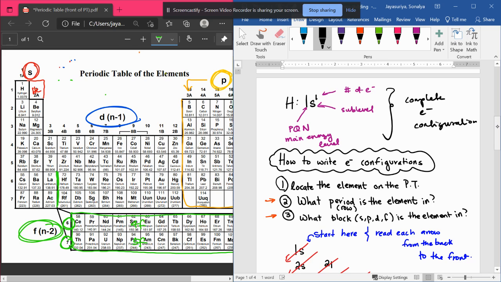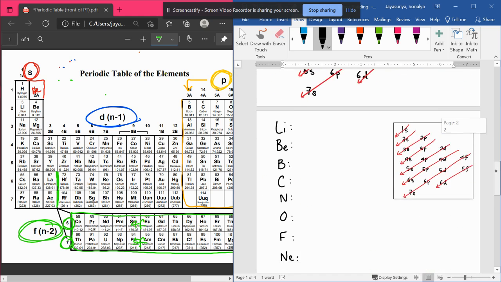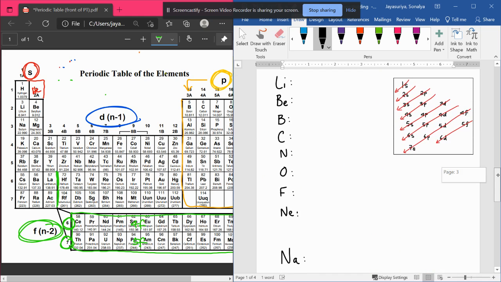Now, hydrogen is really simple, so because of that, we're going to try to do slightly more advanced ones. What we're going to do is all of the second period elements. Remember, second period is the second row.